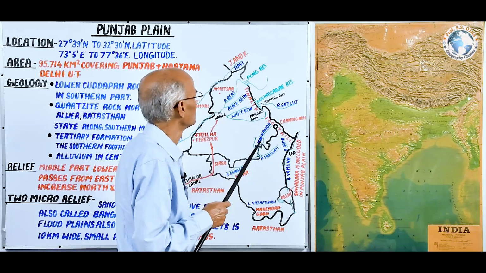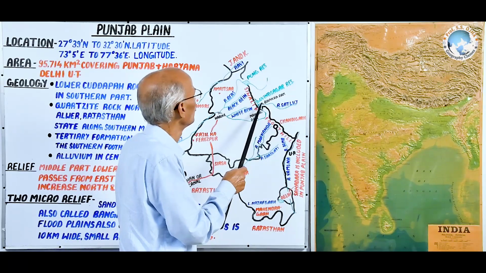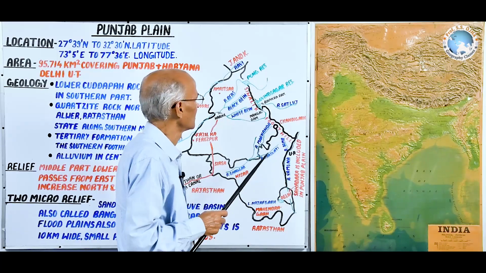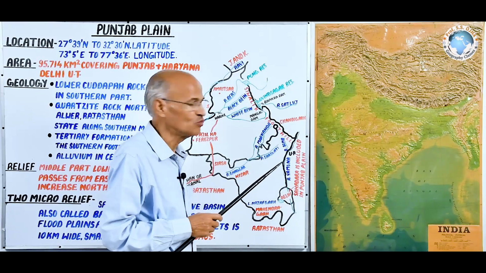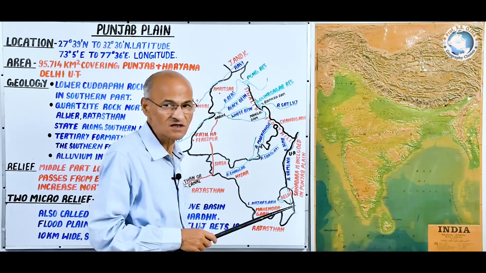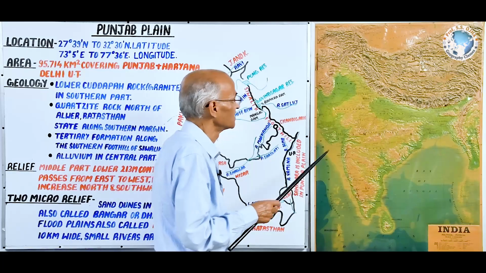If you observe minutely the direction of this Govind Sagar reservoir as well as the Pong reservoir, the direction of the two is from northwest to southeast. This may be asked for explanation in UPSC.